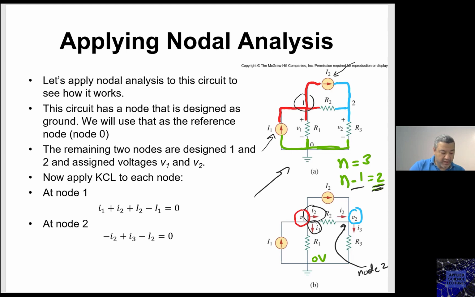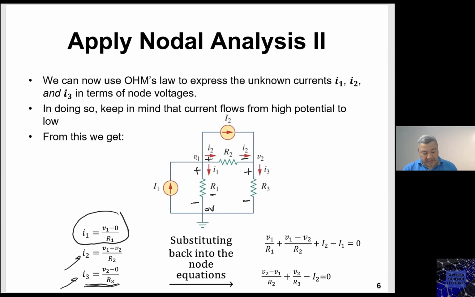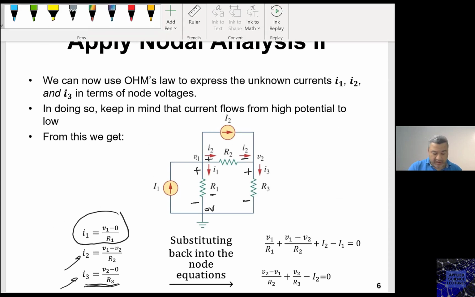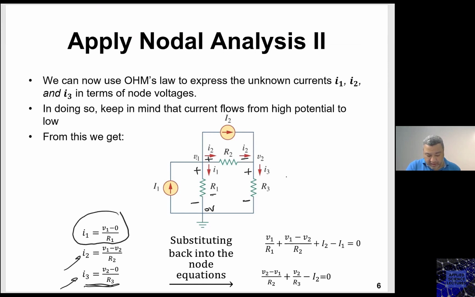Okay, take those two equations and substitute I1, I2. I will rewrite those equations again just to show you. At node 1, I have I1 leaving, I2 leaving, and I1 entering, I2 leaving, equals 0.